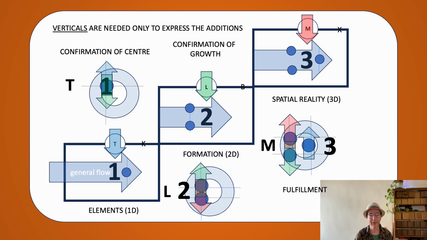The verticals as well, you can use them when you need them. It's not 100% necessary, because when do you need a T? That's the 2nd level. You have A, T and K in 1. The A, the new element. The T, the confirmation of the element. So you confirm the general flow of the A. And how do you do that?